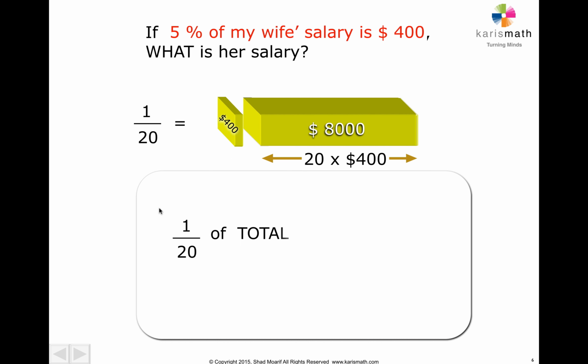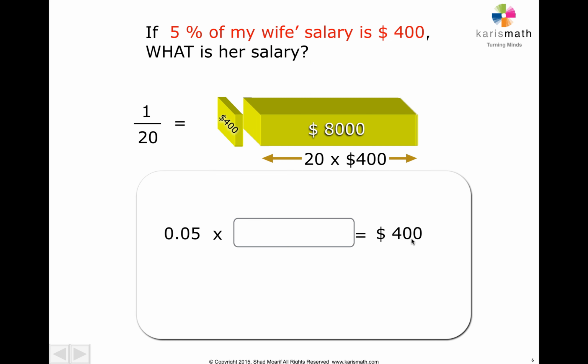Let's write it out like this. 1/20th of my wife's total salary is $400. And we know that this, as an unknown, is being multiplied by 1/20th. So what should this answer be? Again, something times something is something.